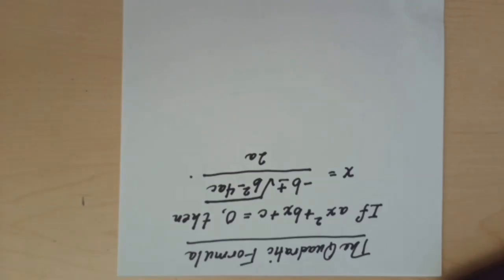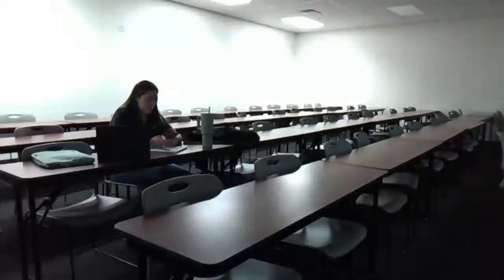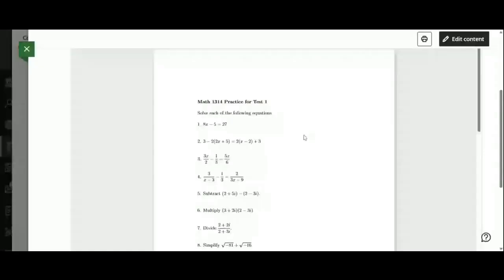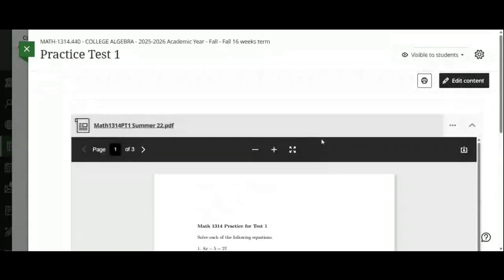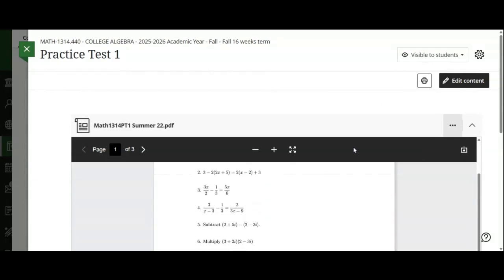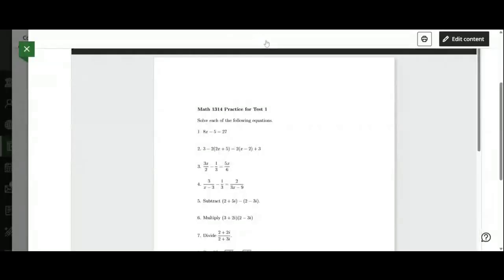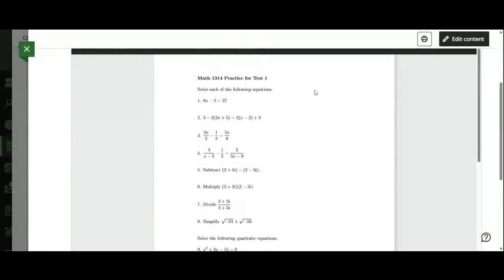Okay, so this is it. I can probably blow it up some too. If you click the little dots up here, you can actually download it to your computer where you could print it out. But I'm just going to blow it up and show it to you. So make it a little bigger. That's probably big enough for you to see it.